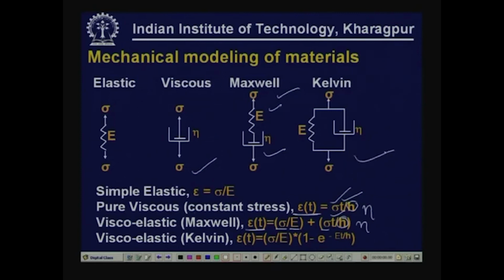This is the Kelvin model, in which the spring and the dash pot are put in parallel, and when this is subjected to sigma, the corresponding strain as a function of time is given by stress divided by the elastic constant, times 1 minus e to the power of minus E times time divided by eta.